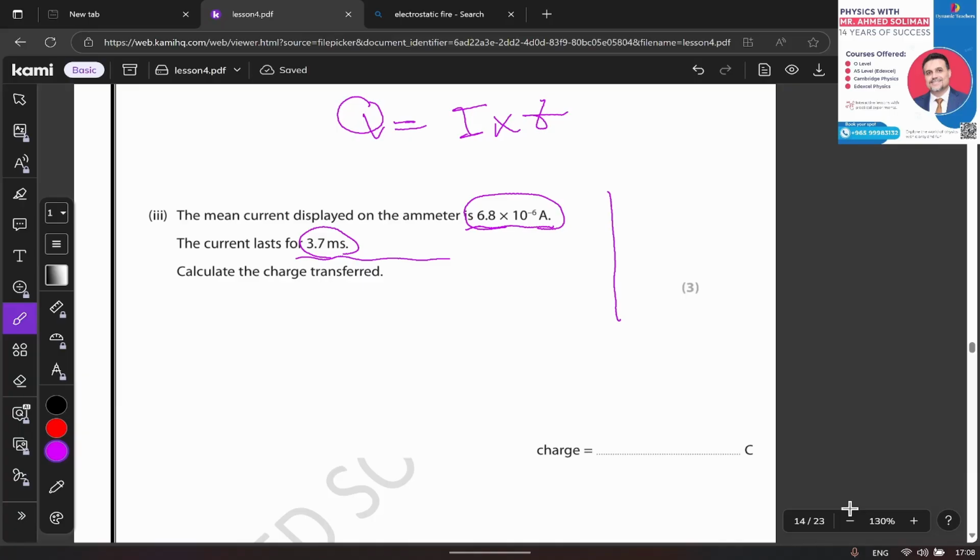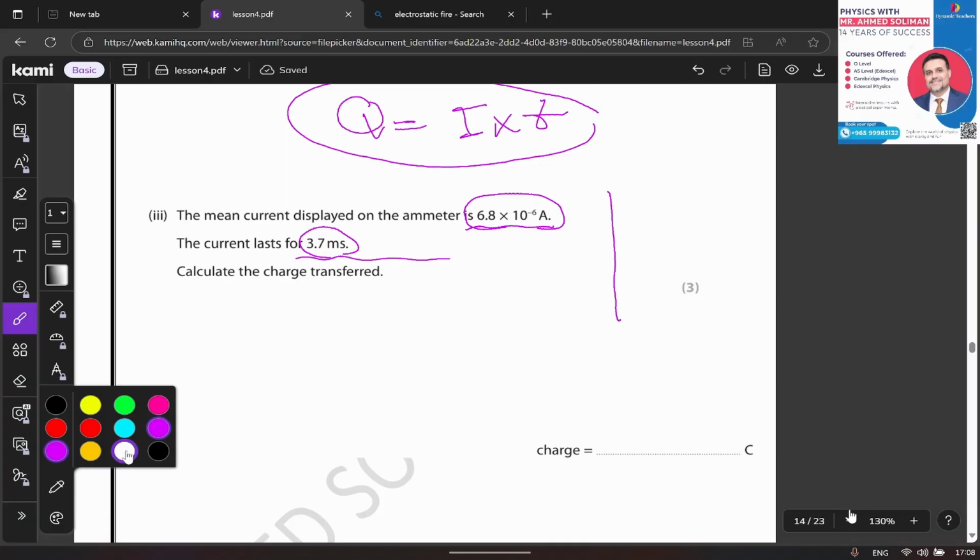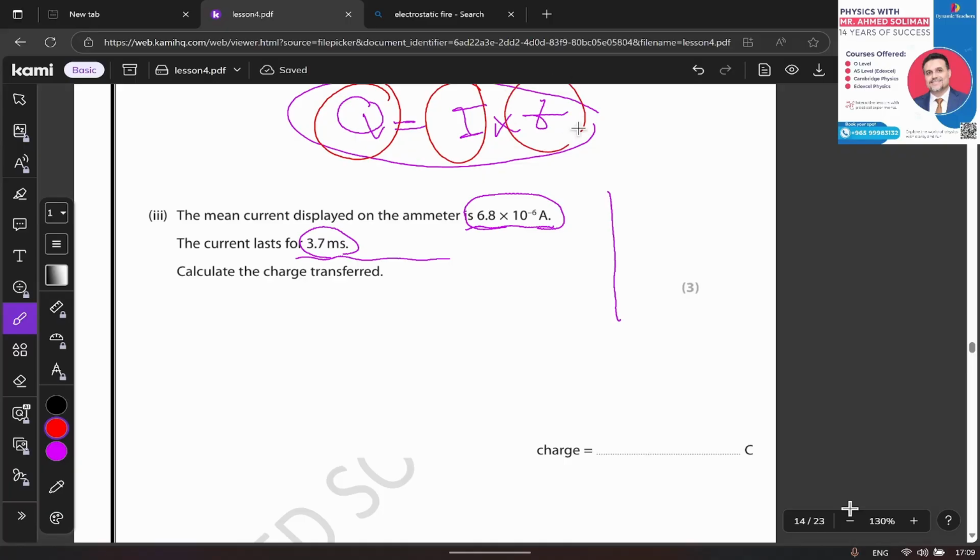What is the symbol of current in this equation? The current is Q or I or T? I. So you have to write, this is the given: I, current, equals 6.8 multiplied by 10 power negative 6 ampere.